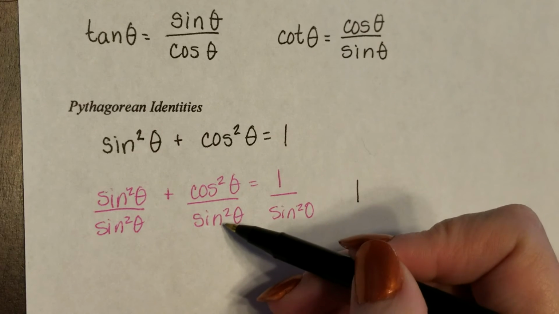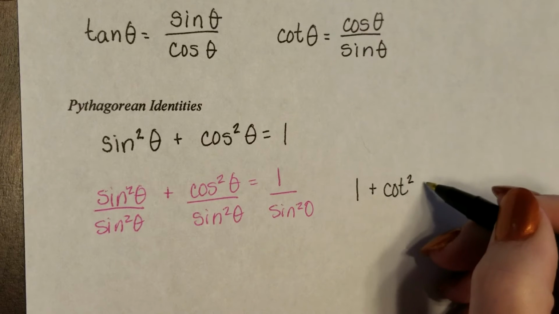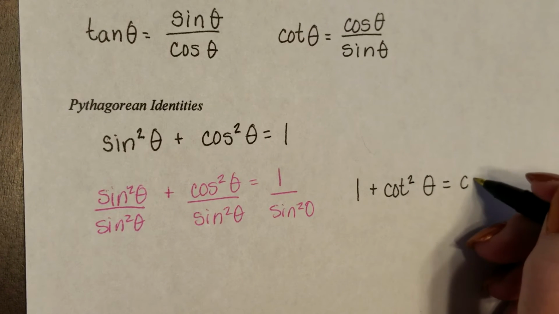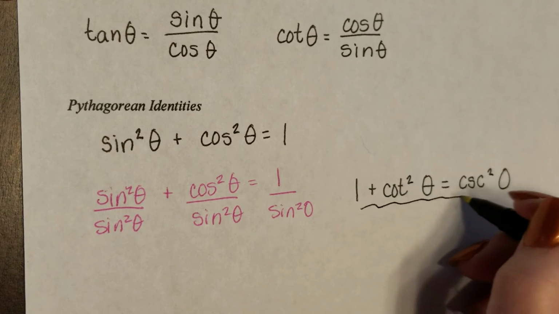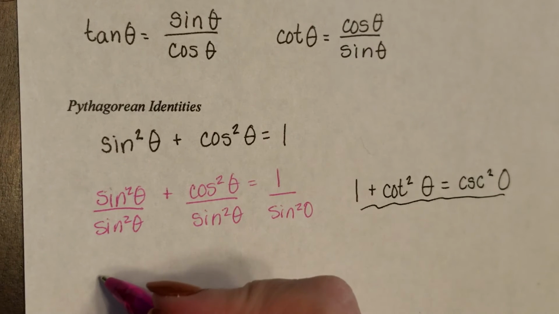Cosine over sine is our cotangent, so that would be cotangent squared theta. And 1 over sine is going to be that cosecant, so that's going to be cosecant squared theta. So here's a variation of the Pythagorean identity. There's one more variation that you need to know.